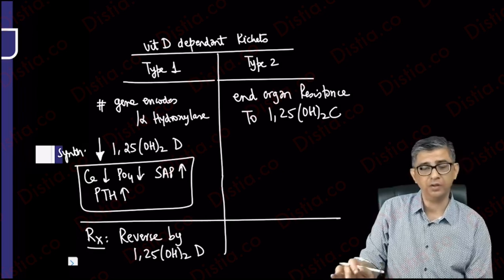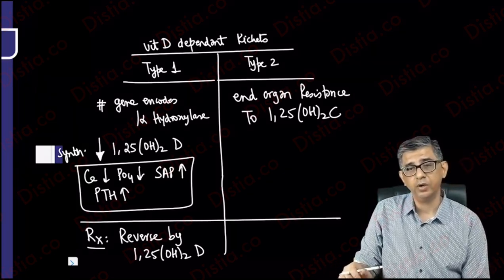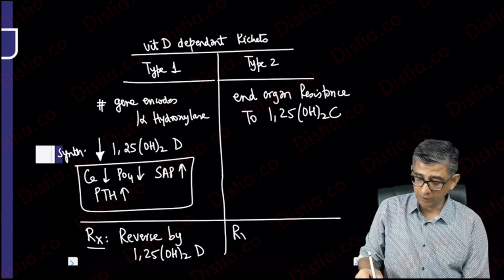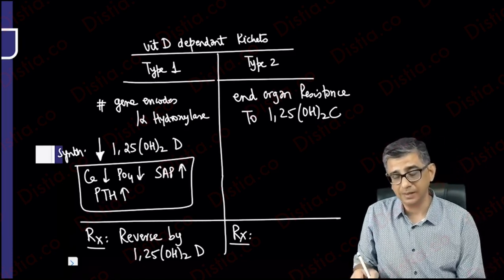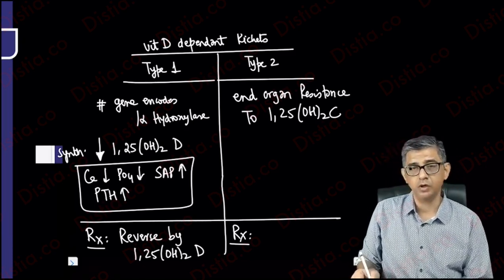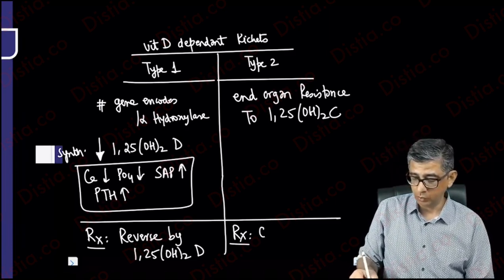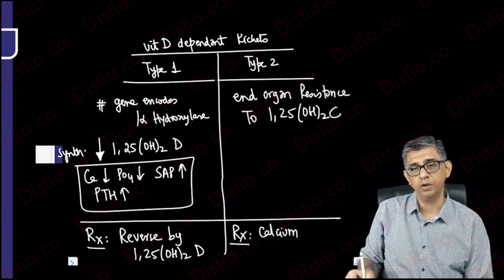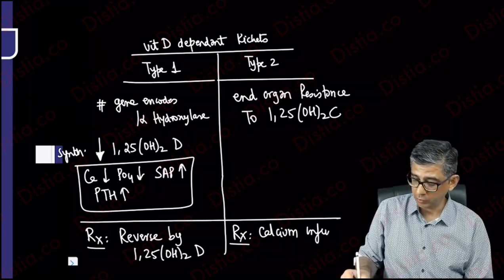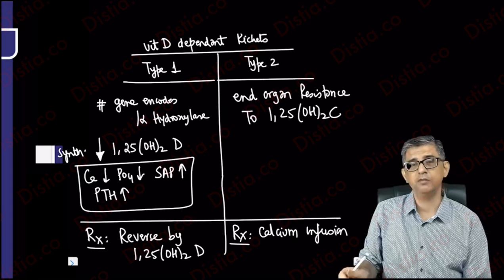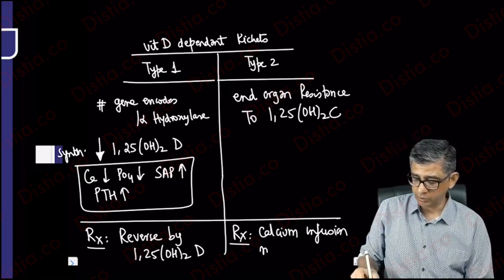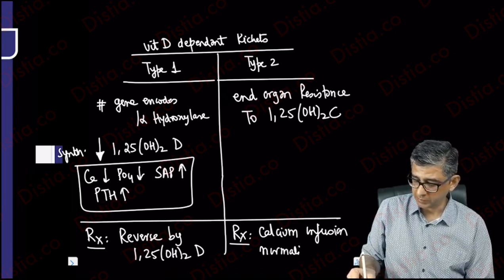The laboratory report in this case would also be the same, but as such you can understand that treating type 2 will be relatively more difficult, in the sense that if the receptor is not behaving, then giving vitamin D alone would not help. So what we do in type 2 vitamin D dependent rickets is we mainly use calcium infusions. Traditionally we give calcium orally, but here we load the patient with a lot of calcium, and when we give calcium infusion, it tends to normalize the PTH in the patient.